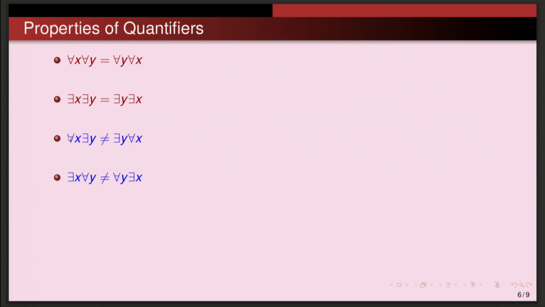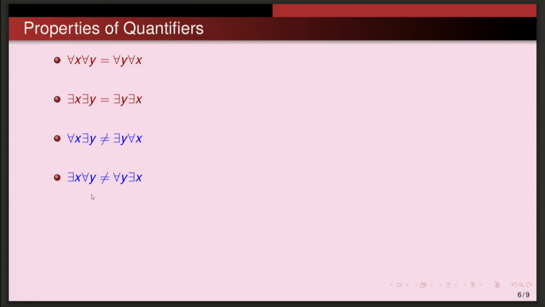On the other hand, if we write for all x there exists y, it is not the same as there exists y for all x. This is wrong. Similarly the other way around, there exists x for all y, where y is within the scope of x, is not equivalent to for all y there exists x.